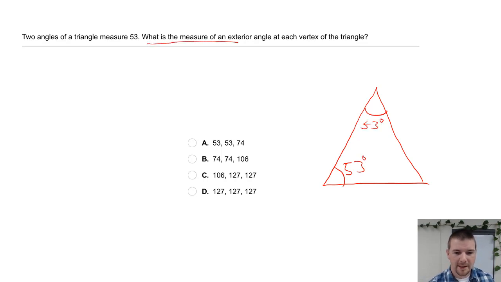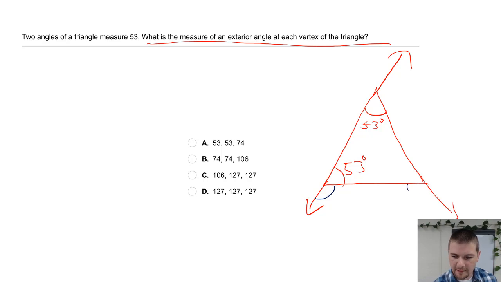And we're asked, what is the measure of an exterior angle at each vertex? So now we have to imagine exterior angles at each of these vertices. And our job is to identify the measurements at each of these. So we can use the remote interior angles theorem. We may also be able to use the fact that this angle and this angle form a linear pair.